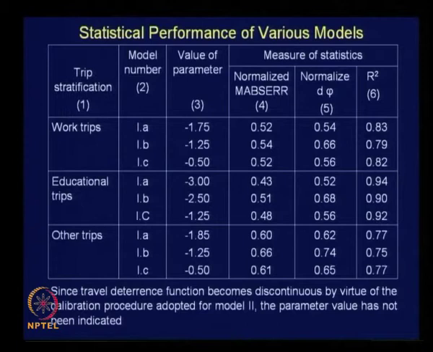For example, for work trips in the case of model 1A, we have minus 1.75 as a parameter value. For educational trips we have minus 3.00, for other trips minus 1.85. The value of alpha represents what?